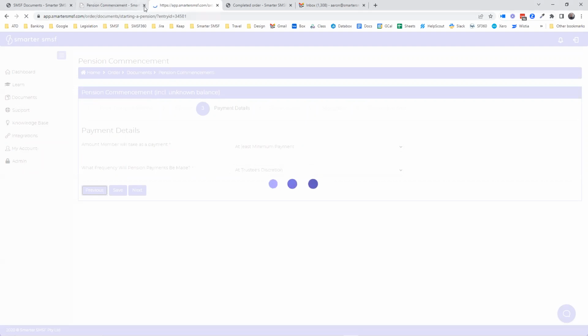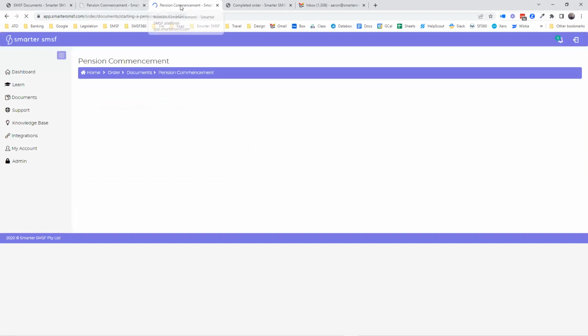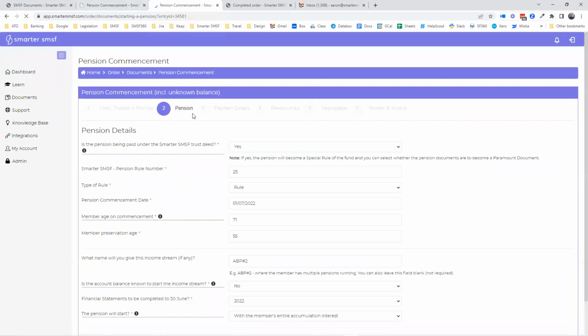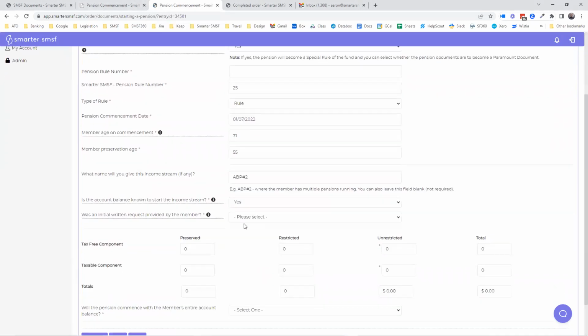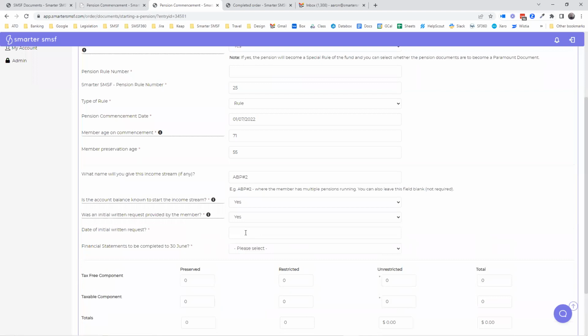And this becomes important because what we want to be able to now show you is some of those additional pieces to the puzzle in having an account balance. So here, where we may have said no originally, now we can say, is it as a result of an initial previous request? When was that request that was done?